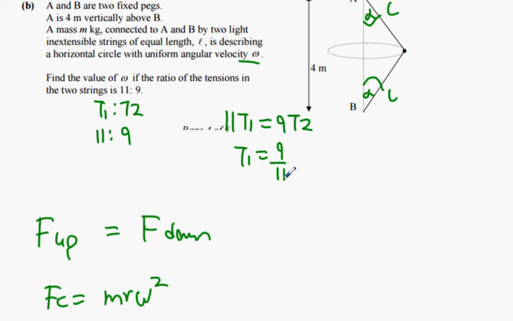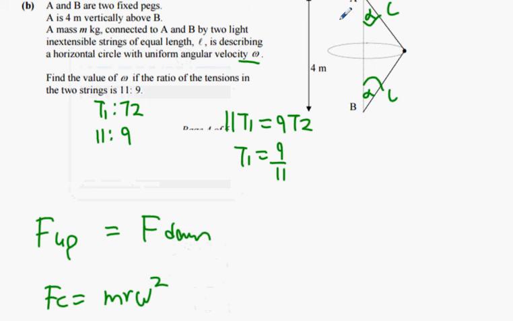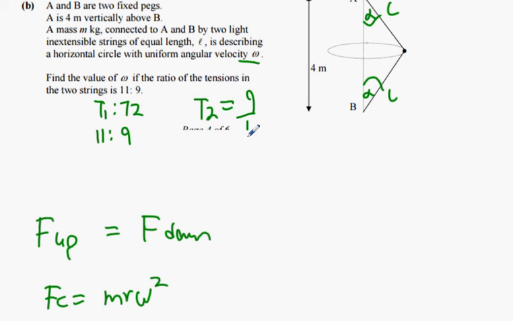Yeah, because T1's the smaller one. So you guys just scratch that for 1 second. What basically we're going to be using here, guys, is T2 is 9/11ths of T1. Is everybody happy enough with that?